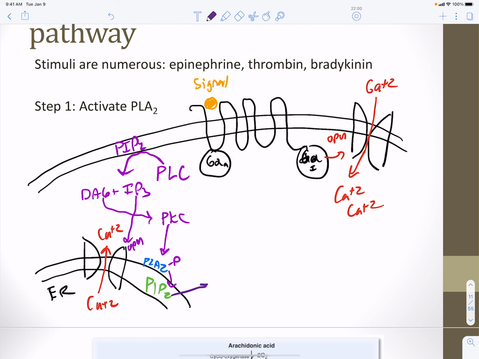Let's make this from the membrane. Now, calcium that is coming in can also activate protein kinase C, and it can also activate your phospholipase A2. So there's many mechanisms through signaling and different G protein receptors that you can get release of arachidonic acid from your membranes.